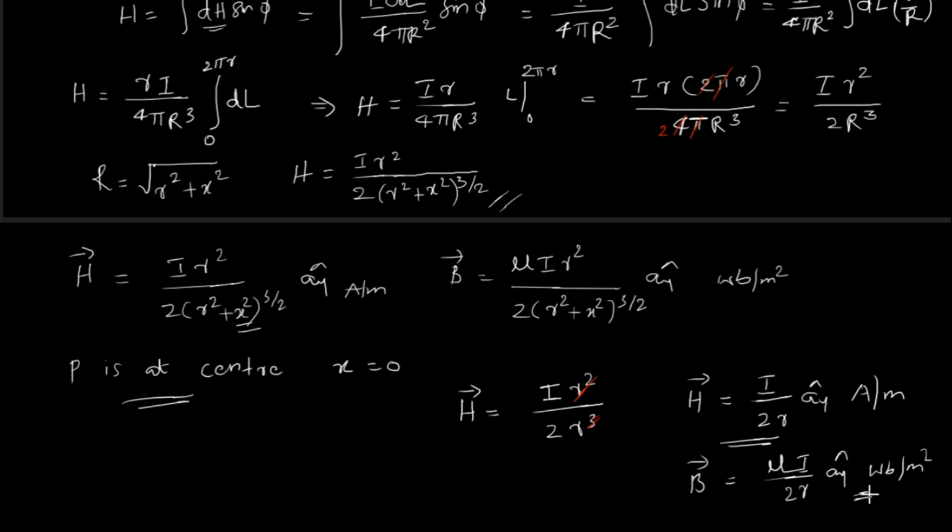I hope you understood how to obtain a good mathematical equation for calculating magnetic field intensity at some point on the axis of a circular loop. So we made use of Biot-Savart's law, applied it in a meaningful way and obtained the expression. Thank you for watching.